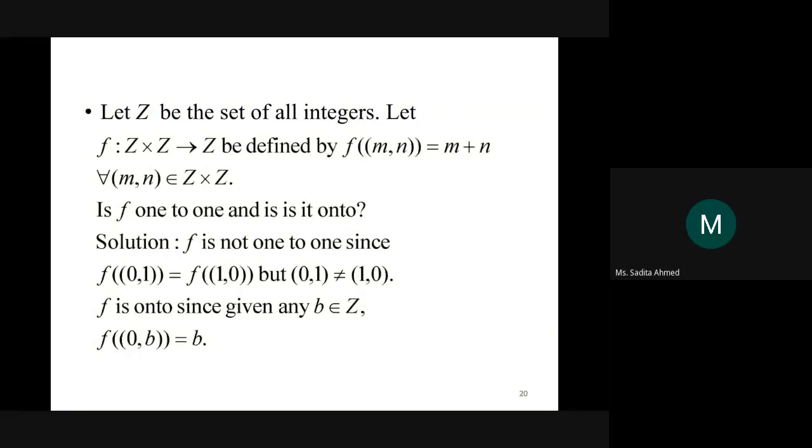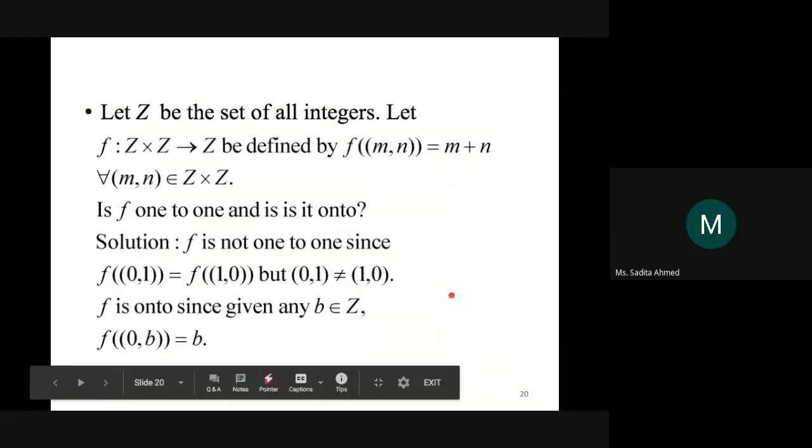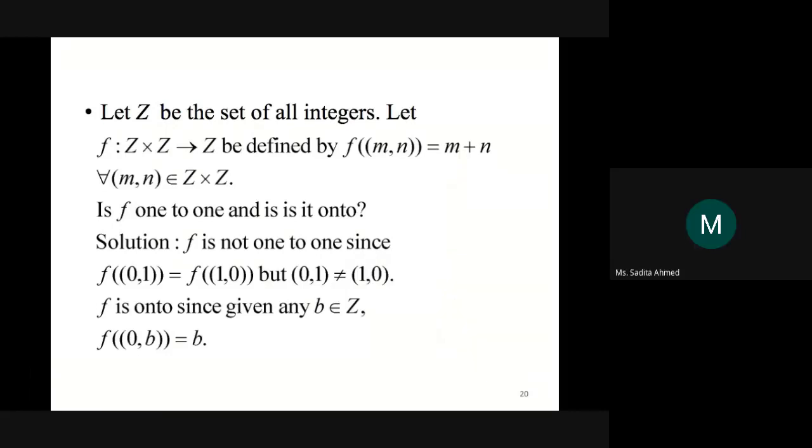Fahim asks: I can also set n to be negative, or is that going to be wrong? You can set n to be negative, but in that case, aren't you restricting n?